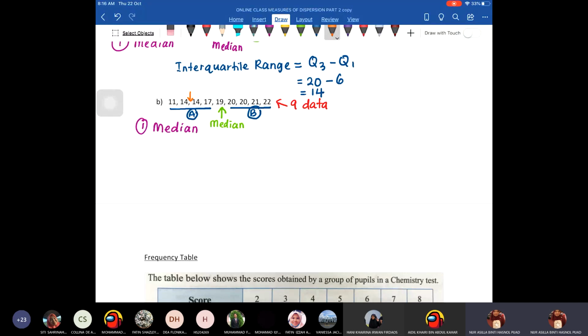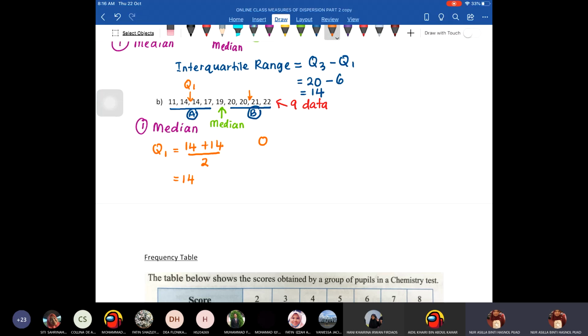In between 14 and 14, and also in between 20 and 21. As we have learned before, if the data is in between, my first quartile will be 14 plus 14 divided by 2. We take the average. So the answer will be 14.